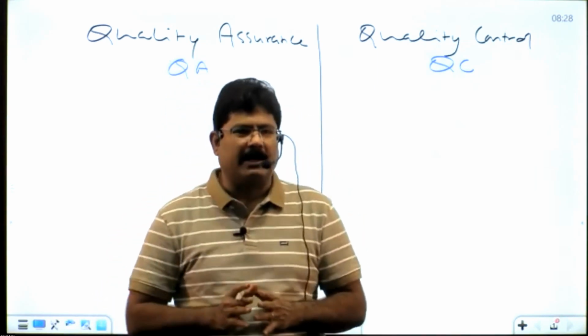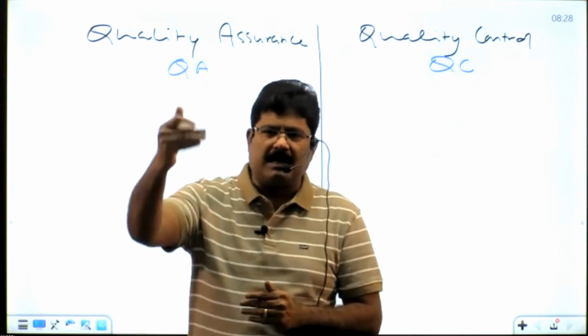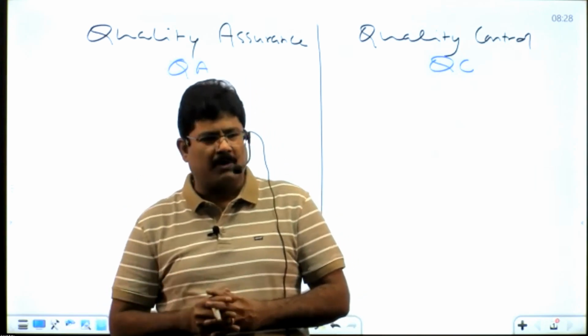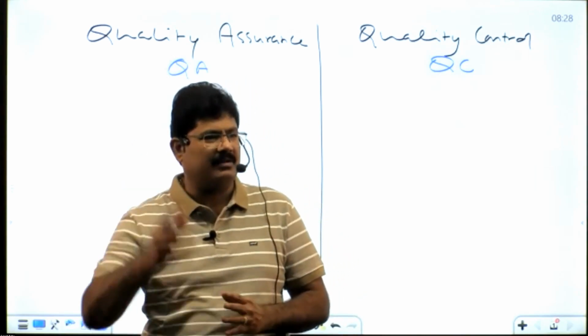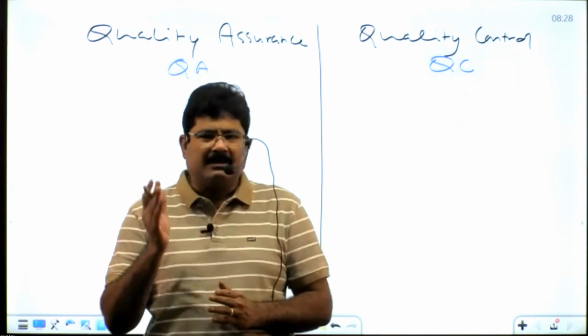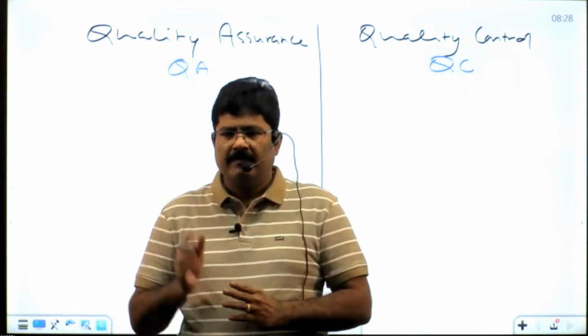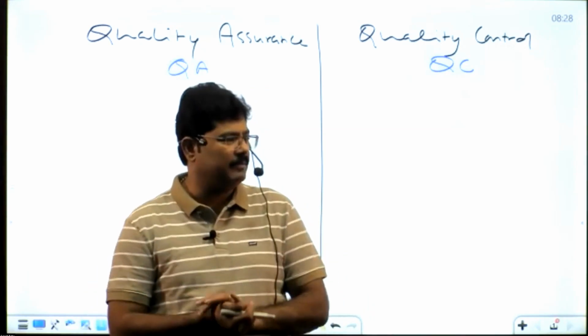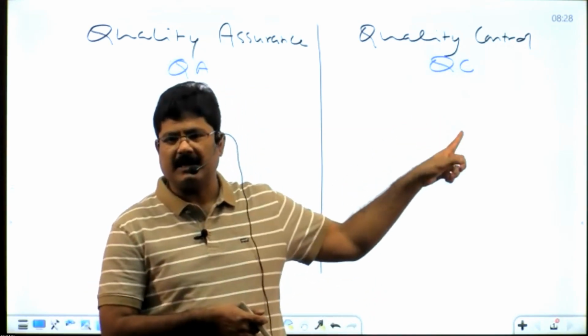If there is no cross check or random check carried out, maybe for the first one or two months employees will follow the process, but not further. So not just setting up a process, we need to have a check on whether we are executing this process correctly or not. That is called quality check, quality control.